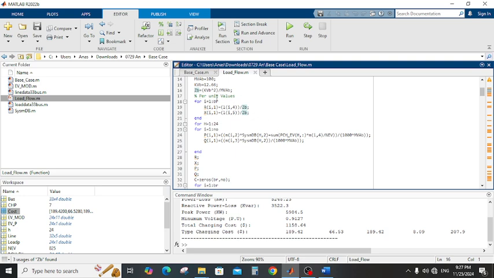And after that we calculate the per unit of the system resistance and reactance dependent on the base impedance. And after that we start the loop for 24 hours. We will make load flow for 24 hours.